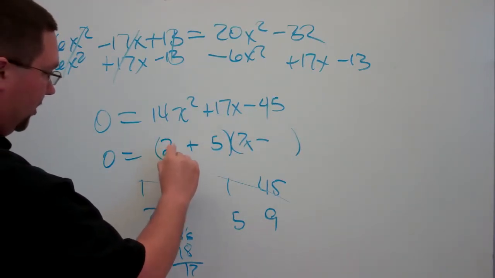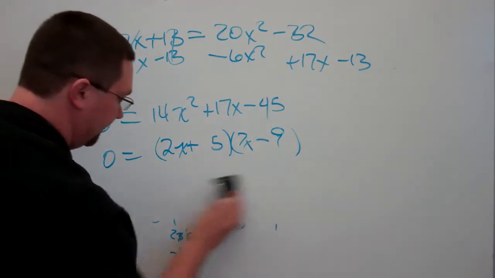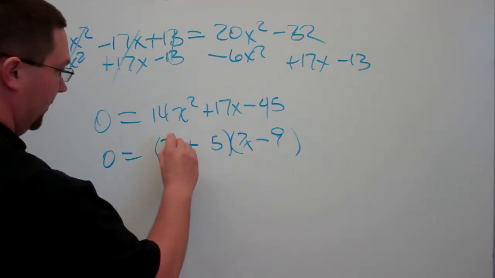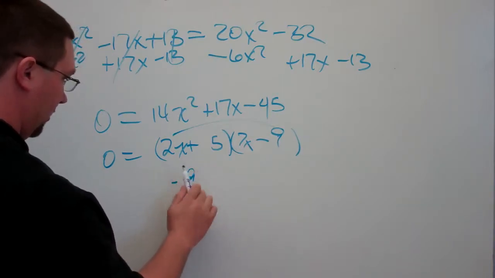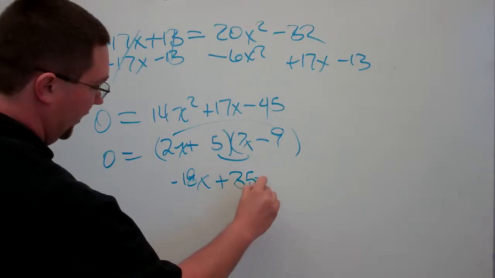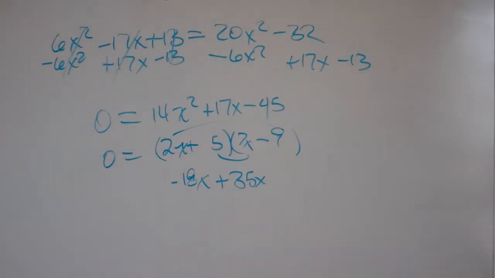So now your 2x would go here, and your 9 would go here. And then when you do your multiplication, you're going to get negative 18x and then plus 35x, which gives us the plus 17. Alright?